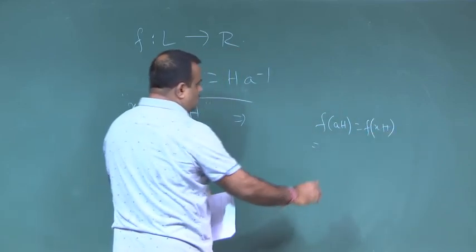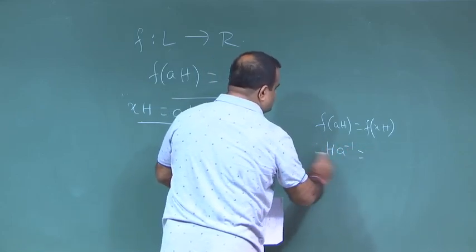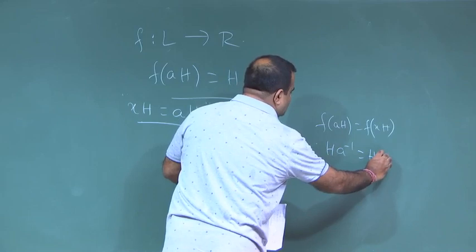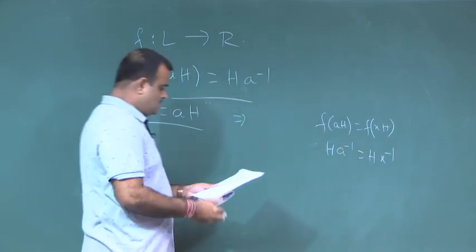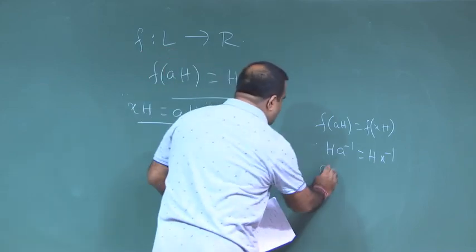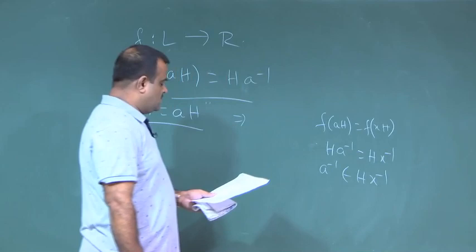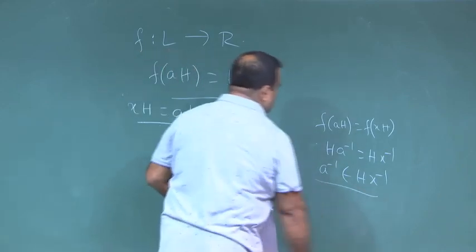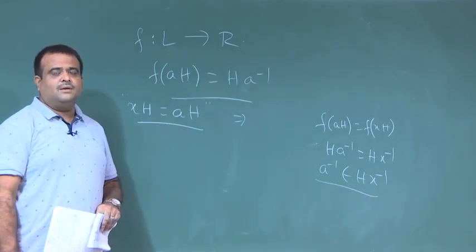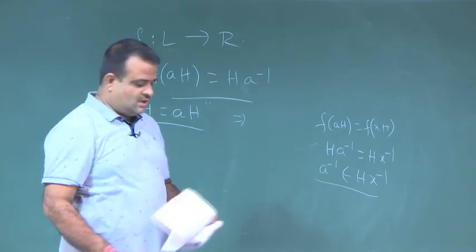That means we need to show H x inverse equals H A inverse. In order to show this, we need to show A inverse x must belong to H. If we can show this, then we are done. Then this is a valid mapping with a unique image.